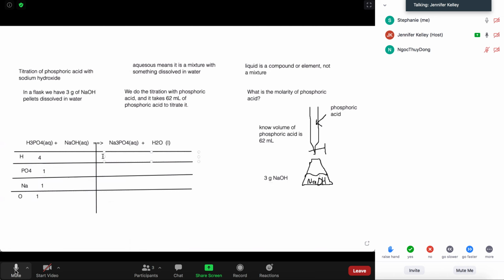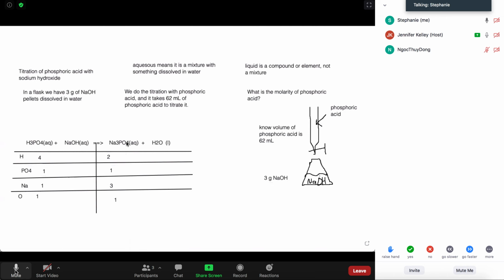And on the right, we've got 2 hydrogen and 1 phosphate and 3 sodium and 1 oxygen. Now, we really have 5 oxygen, but since I'm considering phosphate its own little thing, I include those oxygen with phosphate.